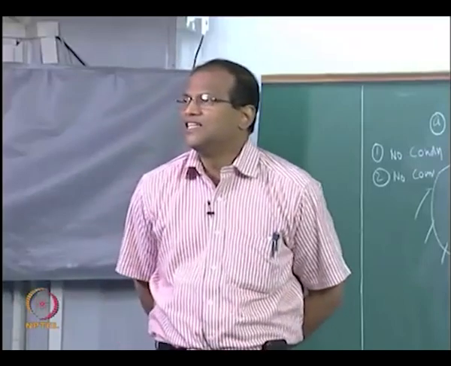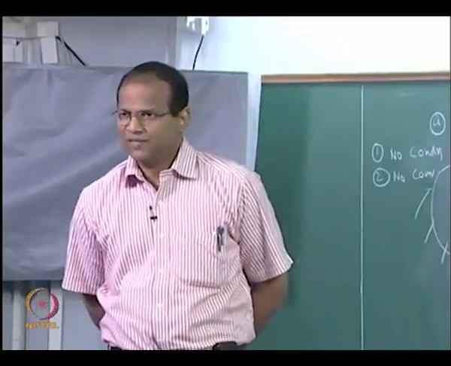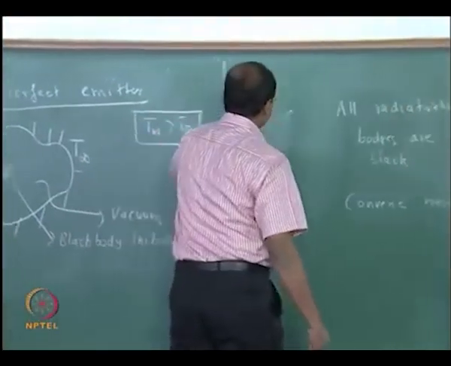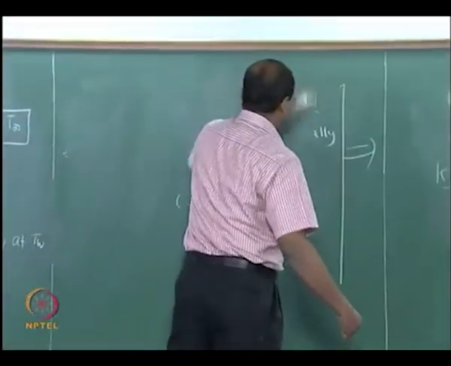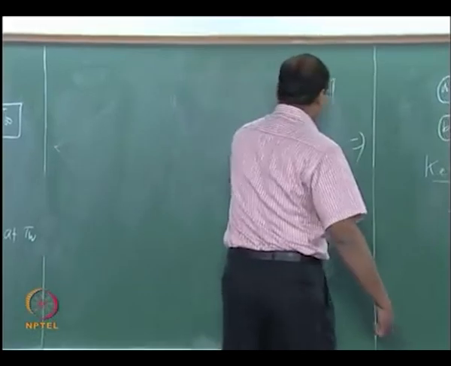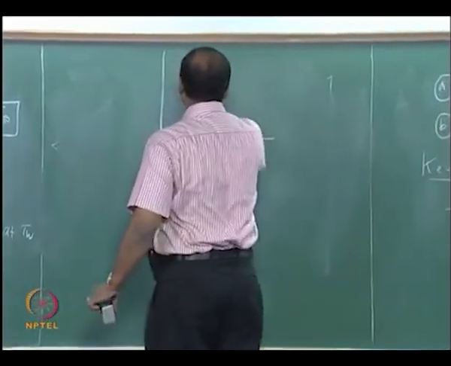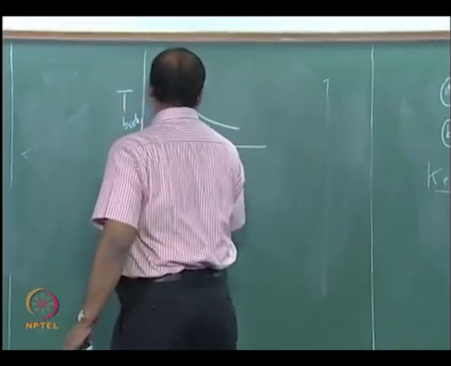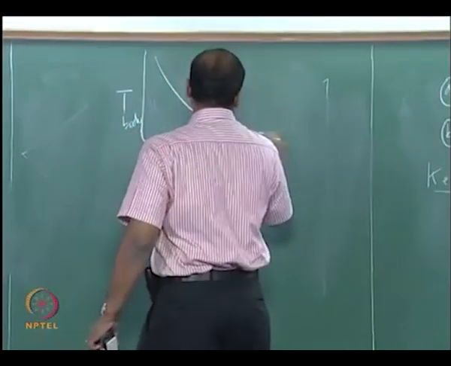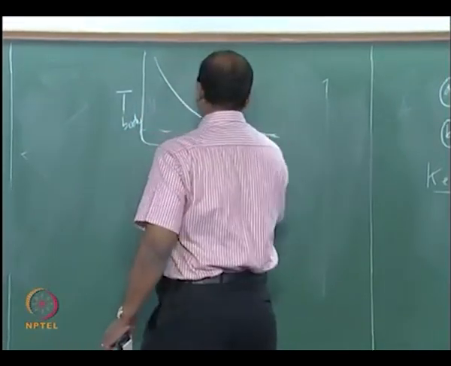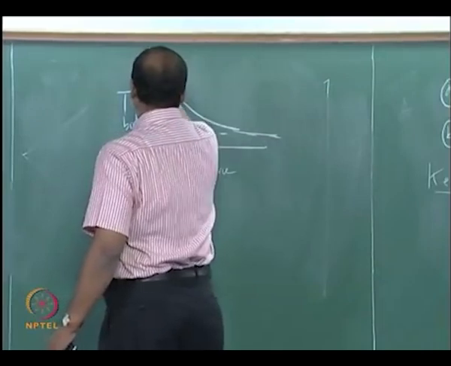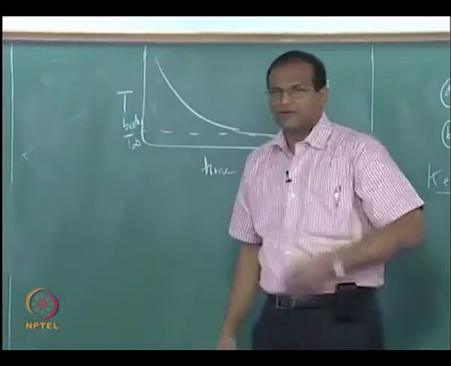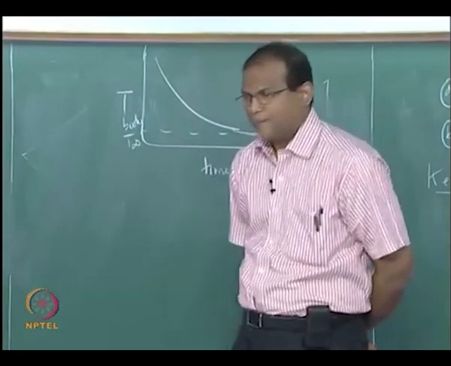The black body will achieve equilibrium with the surroundings. So it reaches T infinity after sufficient length of time has elapsed.